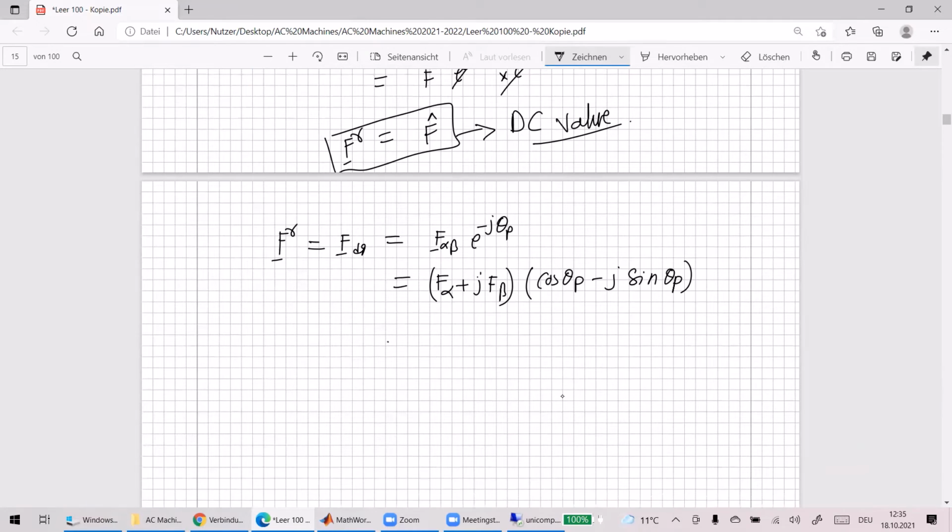So let's solve this. We have this F alpha cos theta p. I'll try to separate the real and the imaginary part.